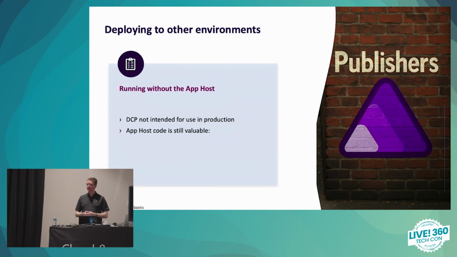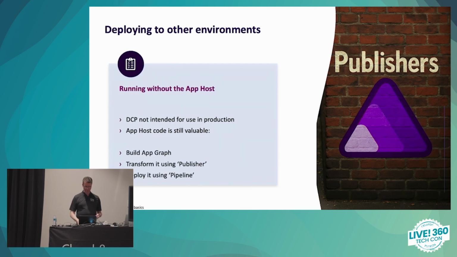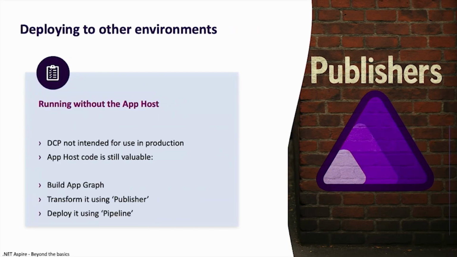But what can you do with the app host while you are thinking about going into production? Well, you can use that graph functionality and maybe use that as input for transformation processes. Imagine you have this app graph and you say, well, my end situation is Kubernetes, for example, or Docker Compose.